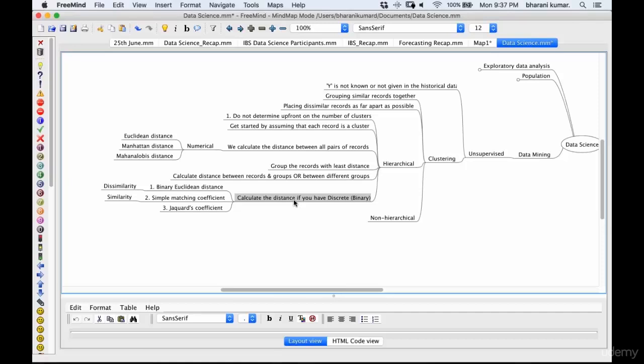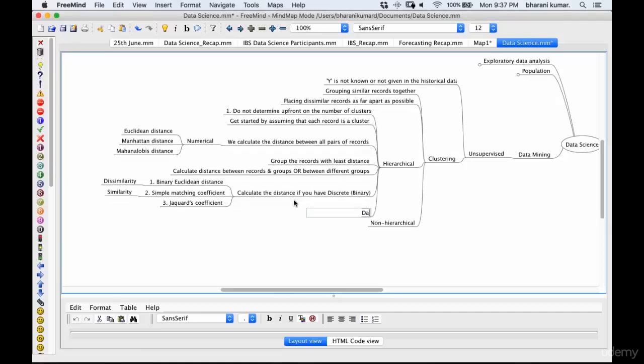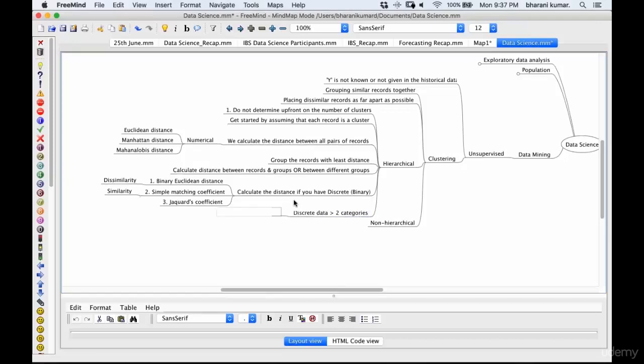What if you have discrete data which is not binary, which has more than two categories? Then we apply a simple rule wherein if two records have similar values, then distance equal to 0.